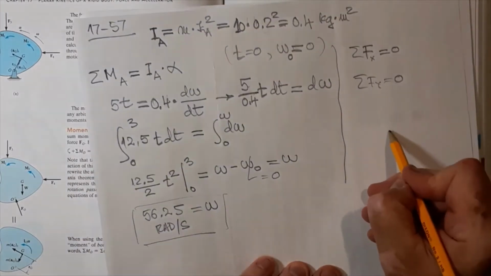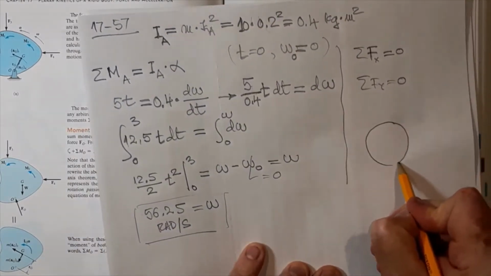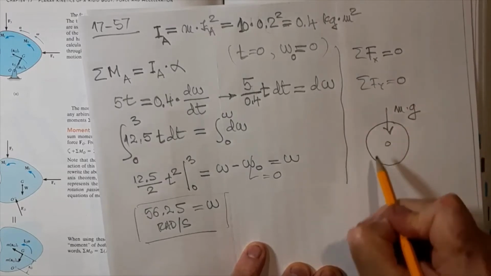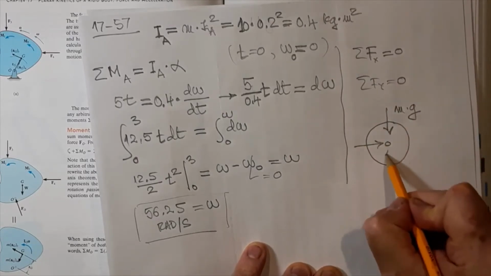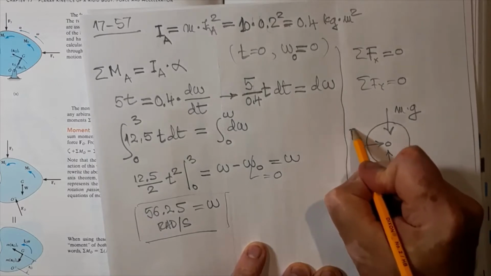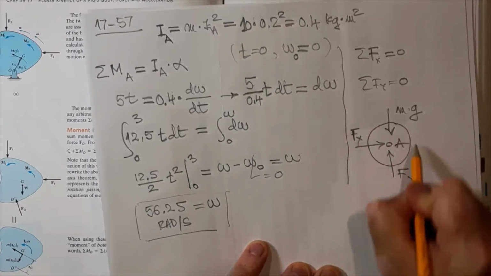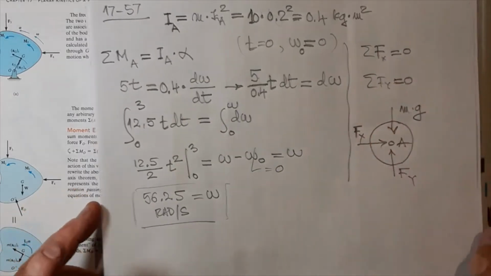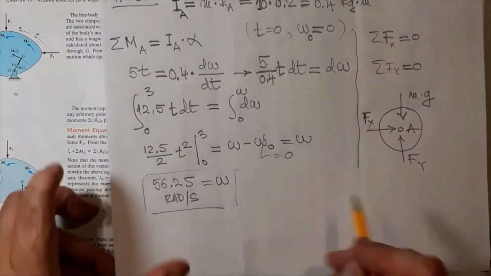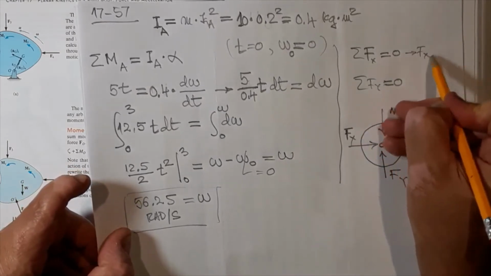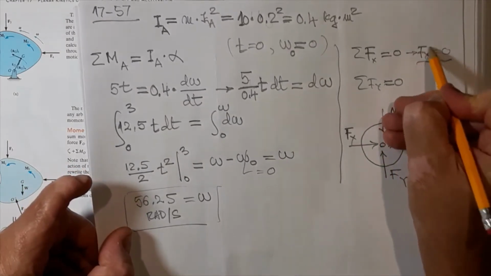I need a free body diagram now. So I have the weight, and I have the reaction, the force in the x direction and the force in the y direction at A. Clearly, Fx equals 0 from the first equation is the answer.